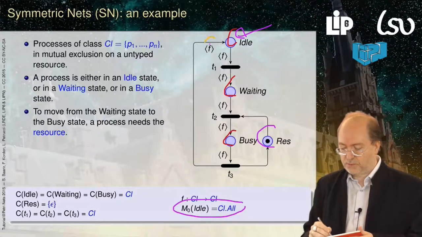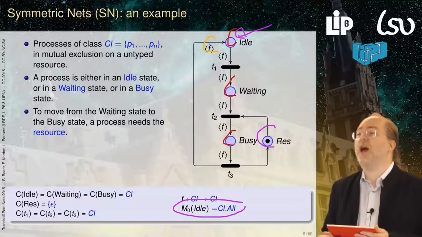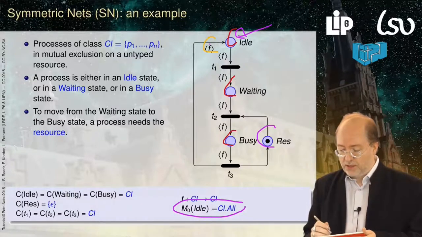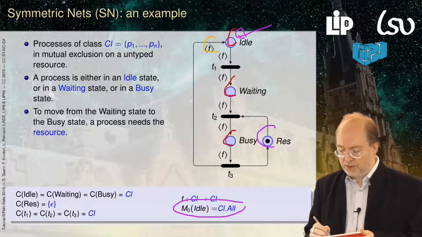Here you have valuations on arcs, and the valuation on arcs here is just a variable. It means that, let's consider, for example, place weighting, the transition T1.